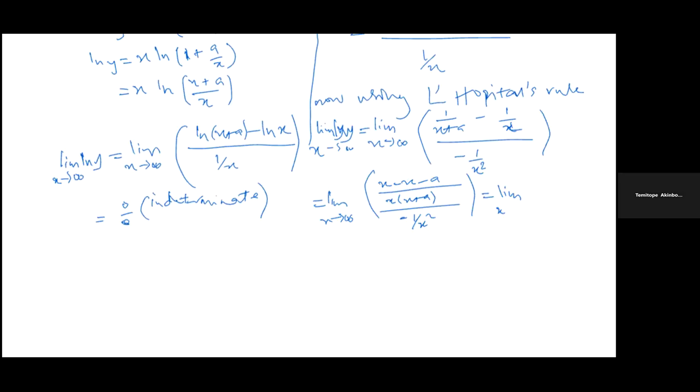let me write it in the next line. So this will be the limit as x tends to infinity. You have minus a over x times (x + a), times minus x squared over 1.